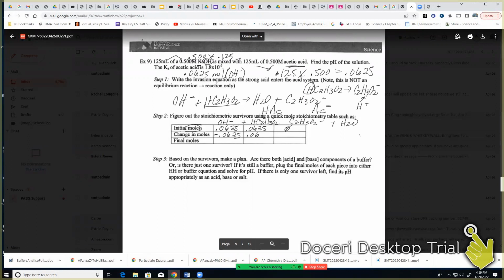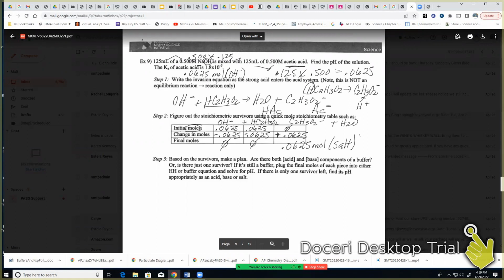They are on a 1-to-1 mole ratio, and I had the same amount of moles, so they're both going to react. This doesn't become a limiting reactant problem where I have a little bit left over of one. If that was the case, you would have some hydroxide left over at the end, and it actually becomes an easier problem. The conjugate is going to have that many moles added to it. So when I end up, I have none of these, and I end up with 0.0625 moles. We can think of this as our salt.